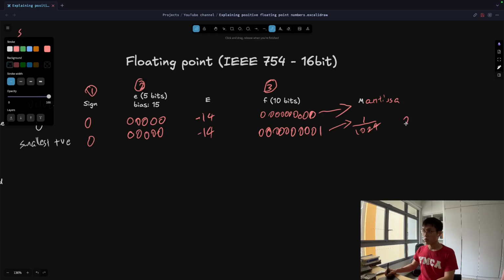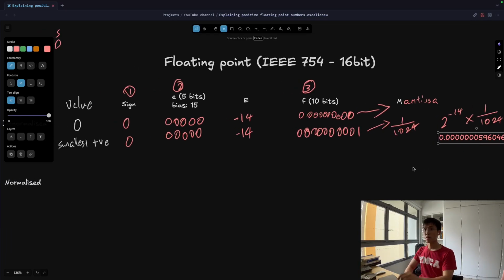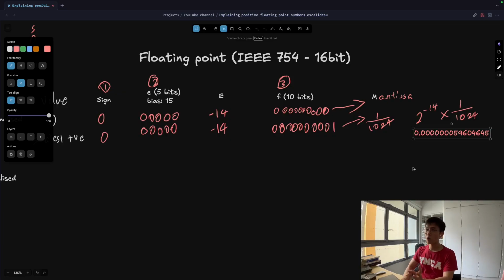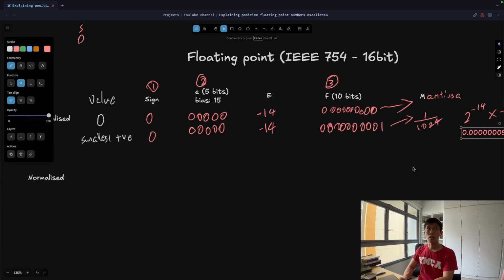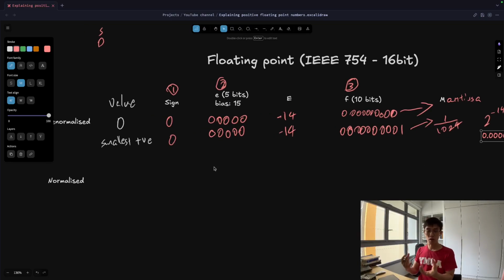So the value here is 2 to the power of negative 14 times 1 over 1024, which in this case is roughly this number over here. But that's roughly how we derive a positive number from reading the floating point bits, in a denormalized form.